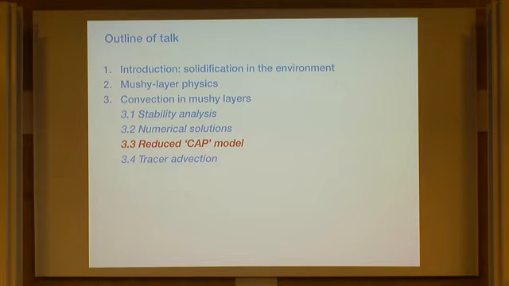I'm going to talk about something I did, which is to describe this system in a half analytical way, and talk about the advection of passive tracers through these systems, and how that's a test of some of the modelling which was done.